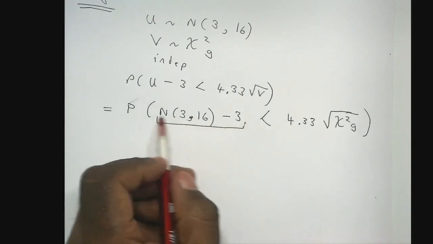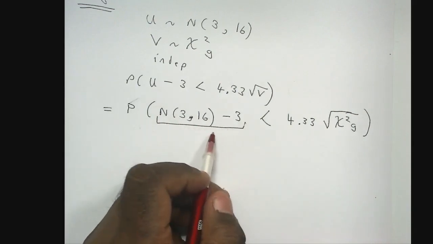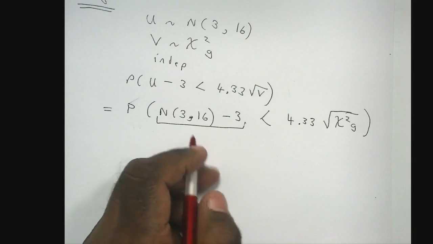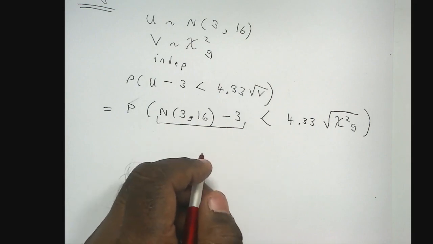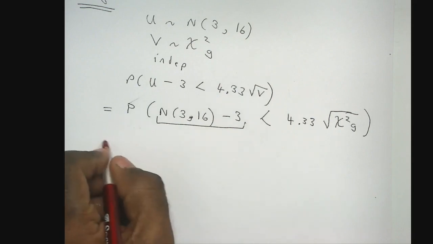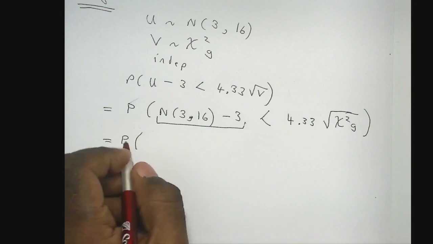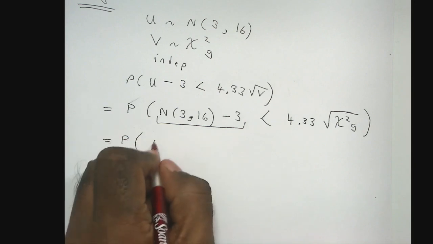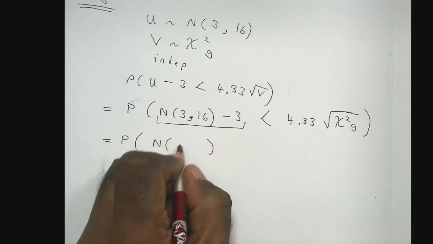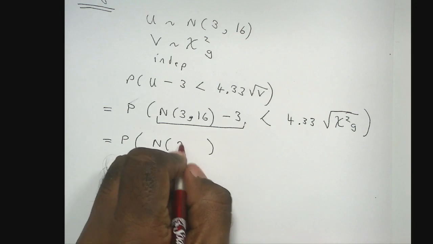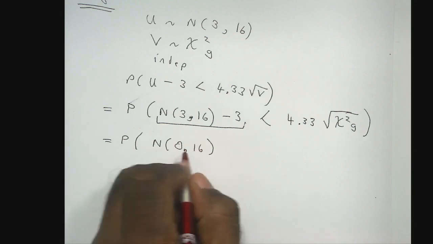What is the normal variable minus 3 equal to? It's a normal with what parameters? The mean will be 0, the variance will be 16, right?